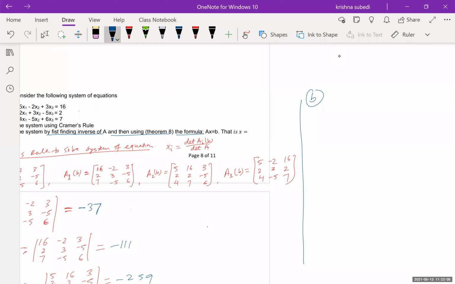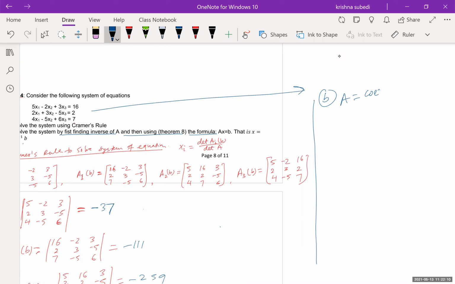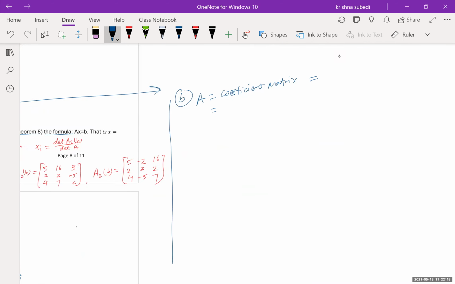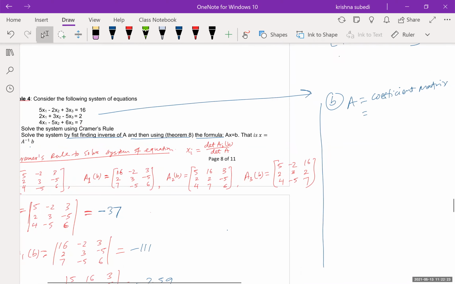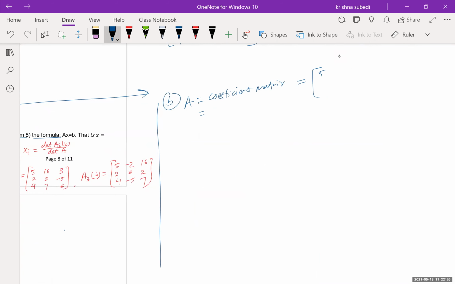So A is 5, 4, negative 2, 5, 4, negative 2, 3, negative 5, 3, negative 5, 6.